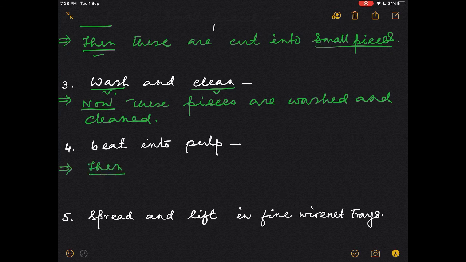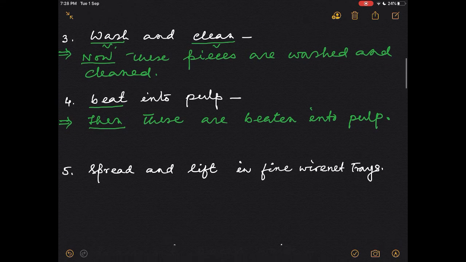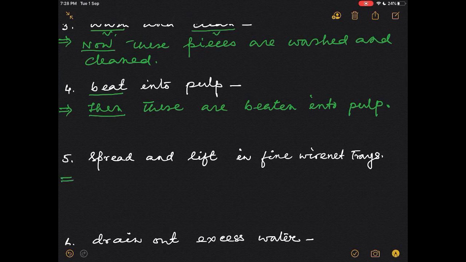Then beat the pulp. Here it is, beat into pulp, not beat the pulp. Beat into pulp. What is the object? Object means these pieces. Then these pieces are beaten, past participle of the verb, into pulp. Okay. Number 5, spread and lift. What is the object?